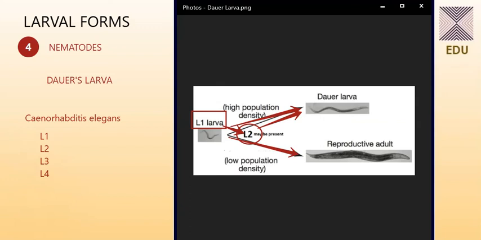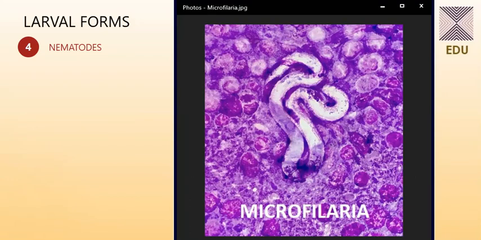Now students, after the dauer larva, we have the second larval form, which is also present in the nematodes, and this is called the Microfilaria form. It is an early stage in the life cycle of certain parasitic nematodes. In these species, the adults live in a tissue or the circulatory system of the vertebrates.